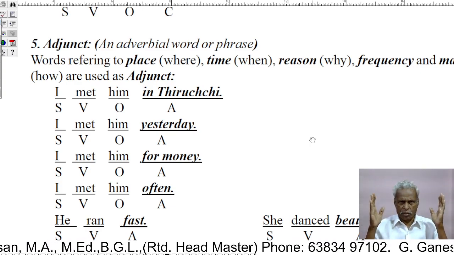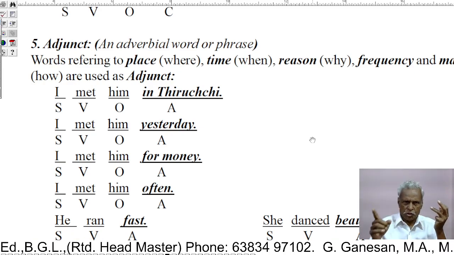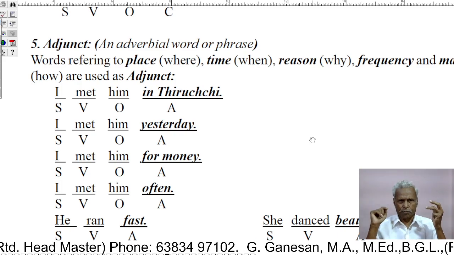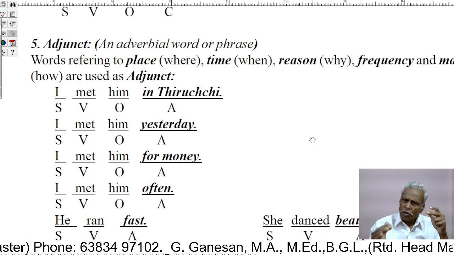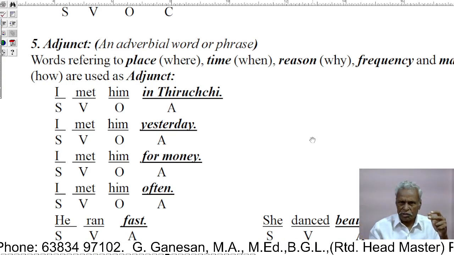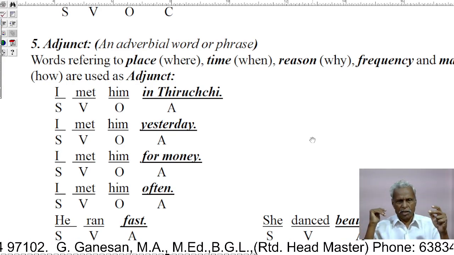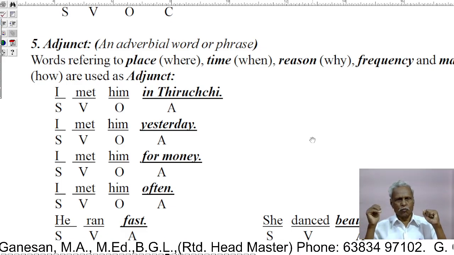First of all, let us see the examples. I met him in Trichy. In Trichy is place. Place has been used as the adjunct. In the same way, I met him yesterday. Yesterday is the time. Time has been used as the adjunct in the second sentence. I met him for money. For what?